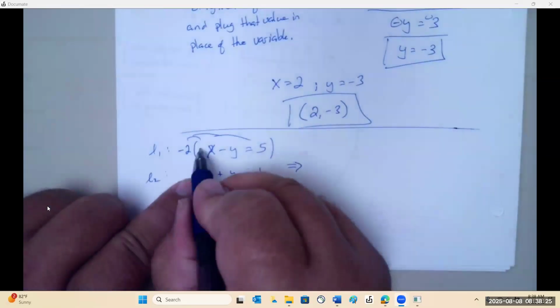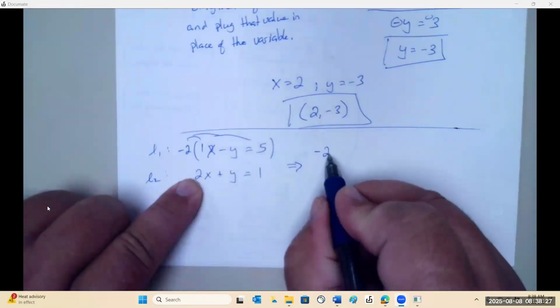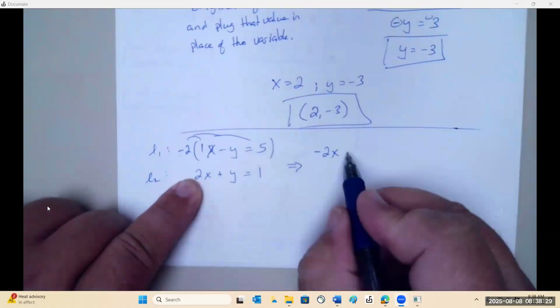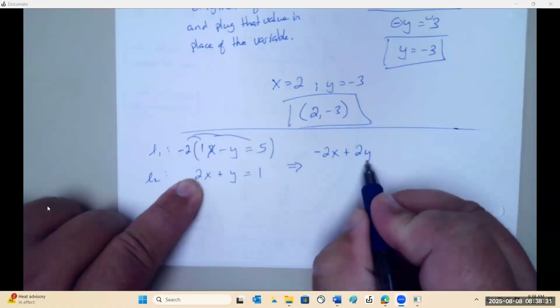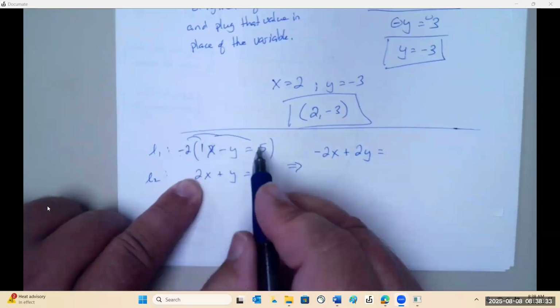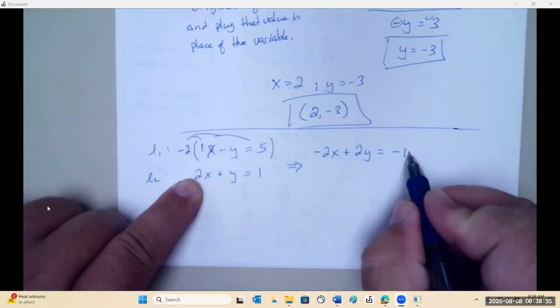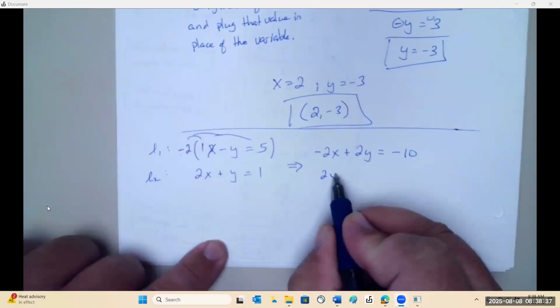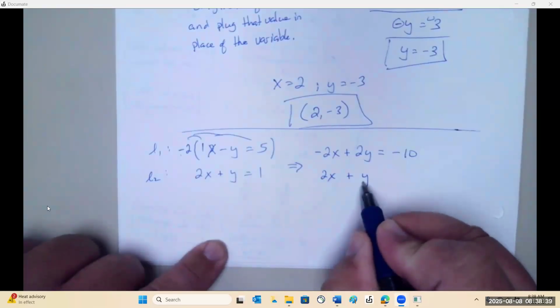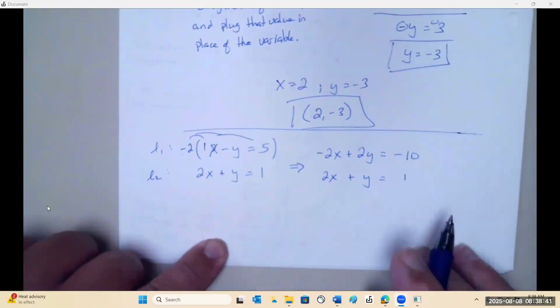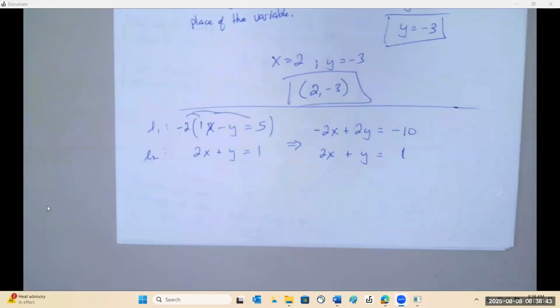So we have -2 times 1 is -2x. Negative and negative is a positive 2y. Negative 2 times 5 is -10. And just bring the other equation around.